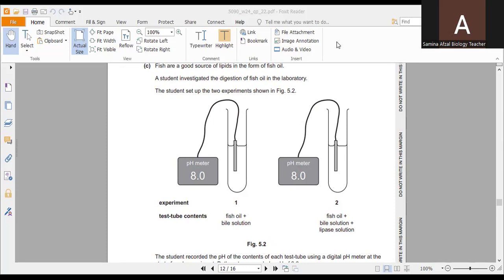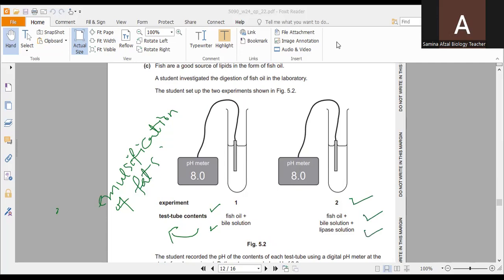The contents are fish oil plus bile solution, and fish oil plus bile solution plus lipase solution. Bile is used for the emulsification of fats. In the other experiment, there is fish oil, bile solution for emulsification, and lipase solution for digestion of fats. Lipase is an enzyme, and the enzyme has been added into the other experiment.